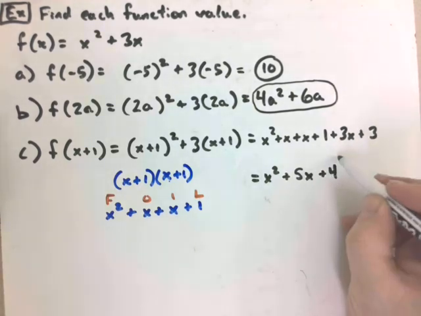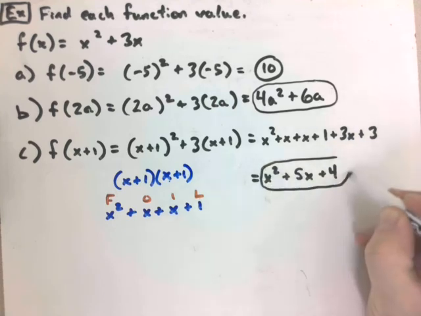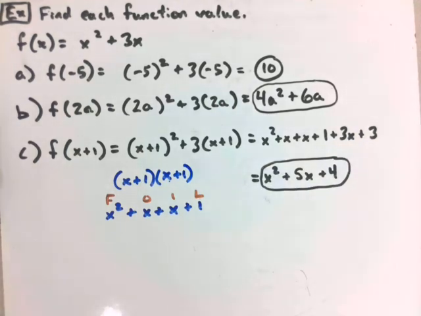Your final answer shouldn't have any parentheses in it when we simplify that. You could go through and factor this, but that would be an extra step. And to come up with our final answer, we just need to have this written without parentheses. Standard form works out best.